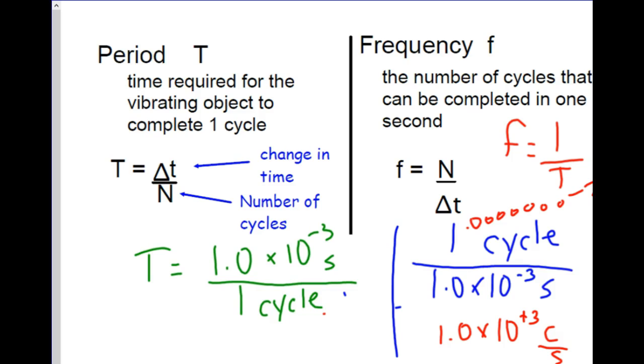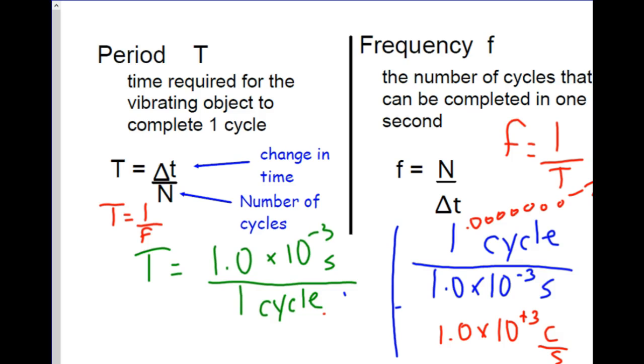So you could do this as 1.0 times 10 to the negative 3, and then press the x to the negative 1 button, or the 1 over x. Similarly, period can be calculated by taking 1 over frequency, because it is also very cyclical. So that can make things a little bit shorter.